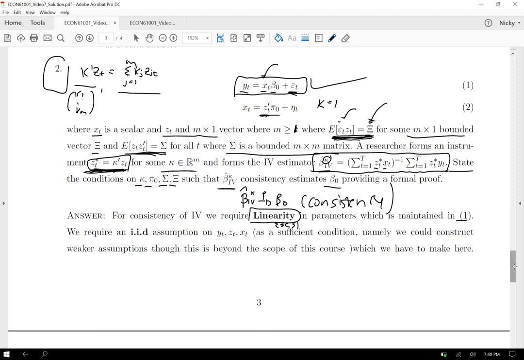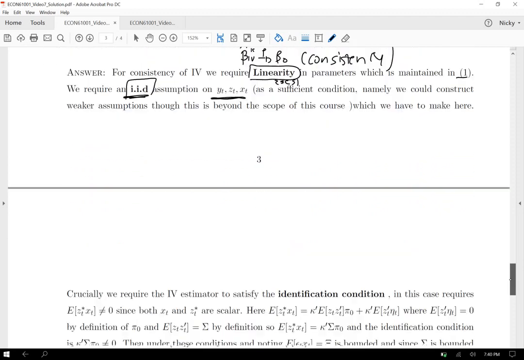We have an IID assumption on our instruments and regressors, and again, this is actually just a sufficient condition. We could make weaker assumptions, but we just assume it's IID. This will allow us to use the weak law of large numbers. So again, we can make the assumption that our variables are IID.